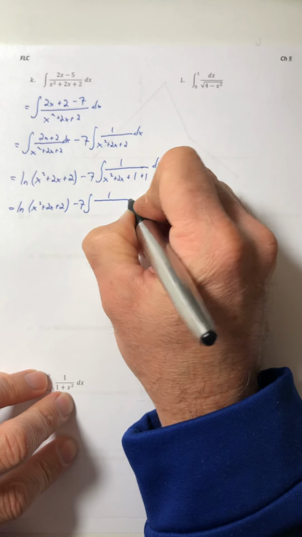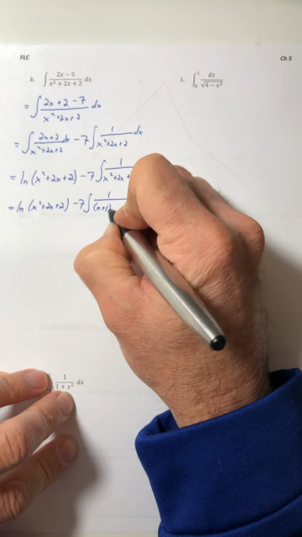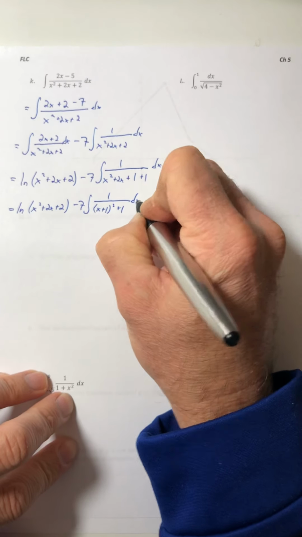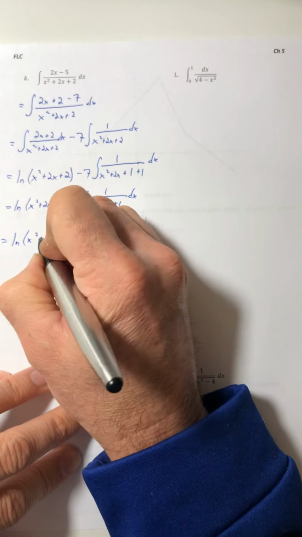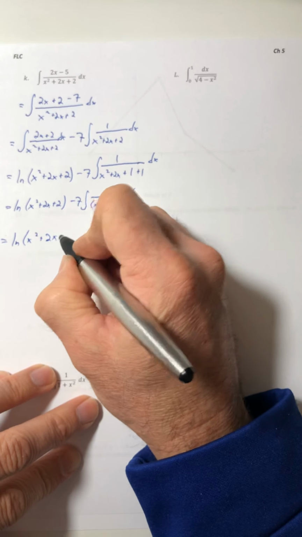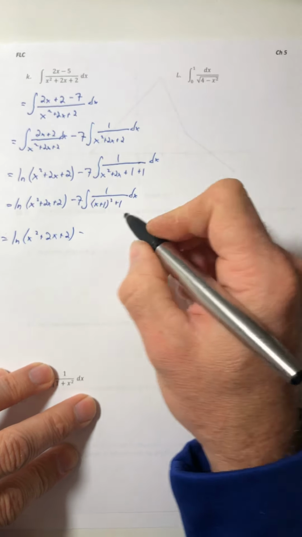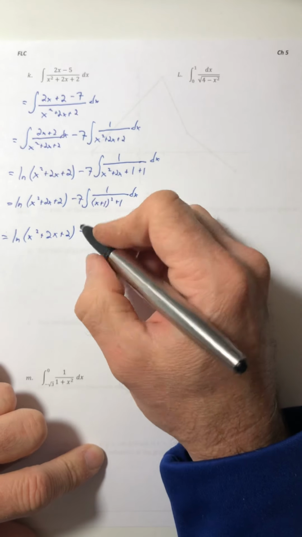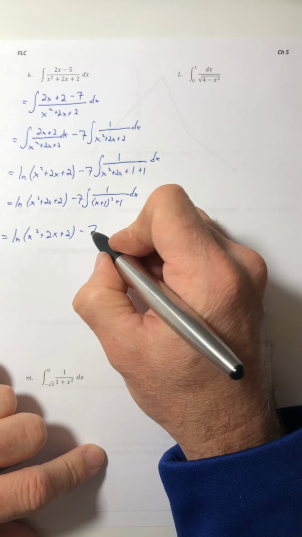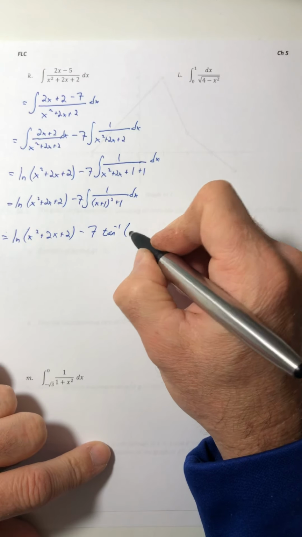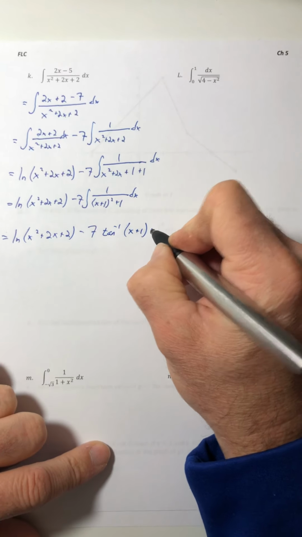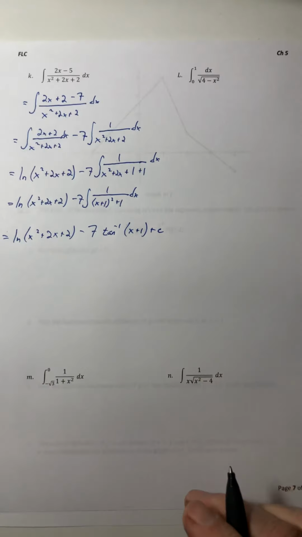So now I can factor, and now it will finally give me a full solution. So that's going to be minus 7 inverse tangent or arctangent of x plus 1 plus c.